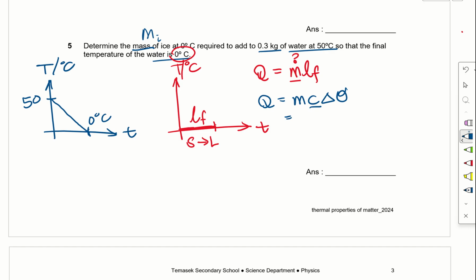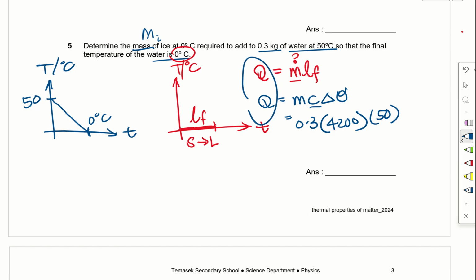So the mass of water is 0.3. This is 4200, and the change in temperature is 50 minus 0, so it is 50. So this amount of thermal energy that is given out by the water will be transferred to the ice, and we assume that there is no heat transfer or energy transferred to the surrounding.